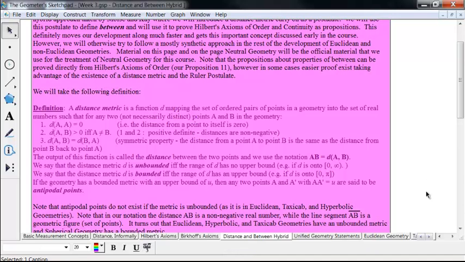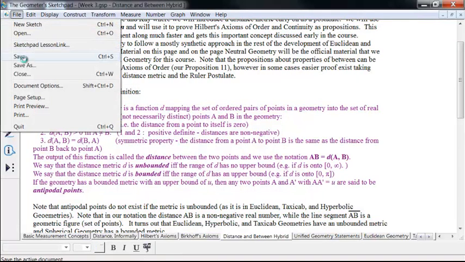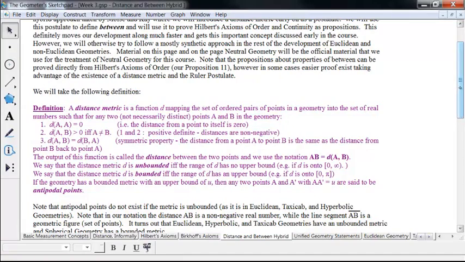So the antipodal points thing, for our purposes, is really just going to come into play in the case where we're dealing with spherical geometry.